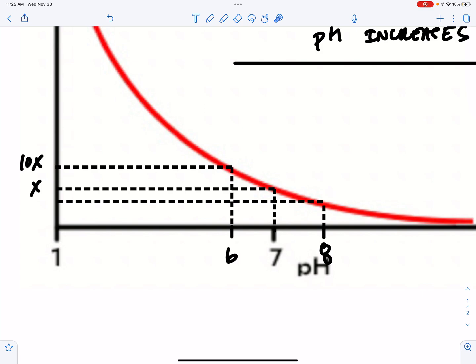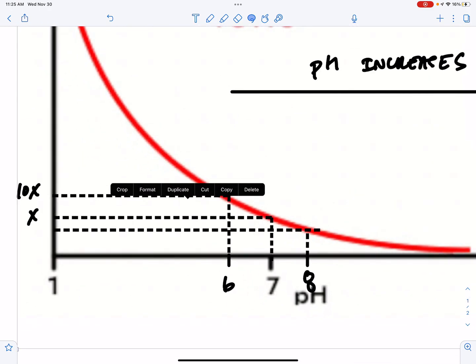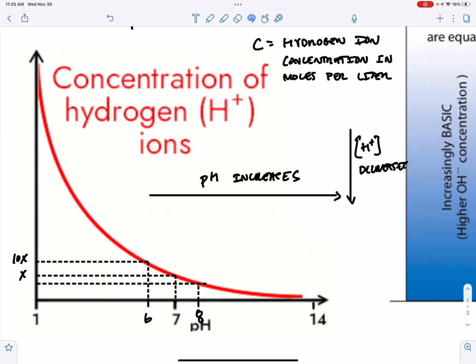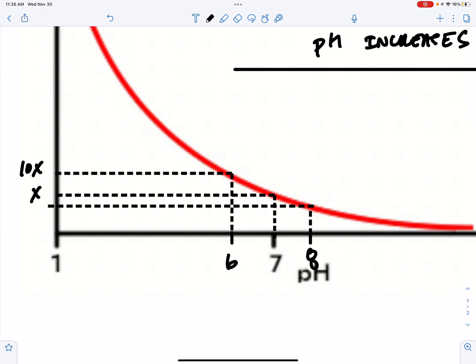So likewise, if we looked at a pH of 8, which I see I've drawn a little bit further over relative to 6, so maybe I'll move this down a little bit. Okay. Good enough. This difference between 7 and 8 would be 1/10 x, or we could write it as 0.1 x.